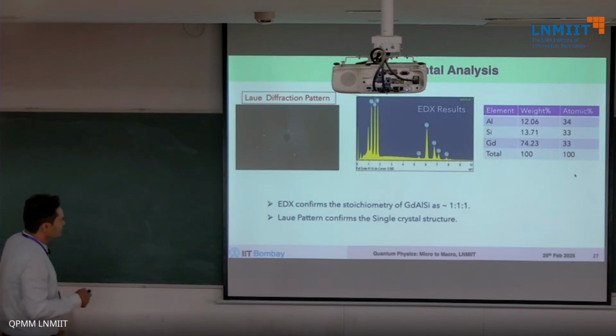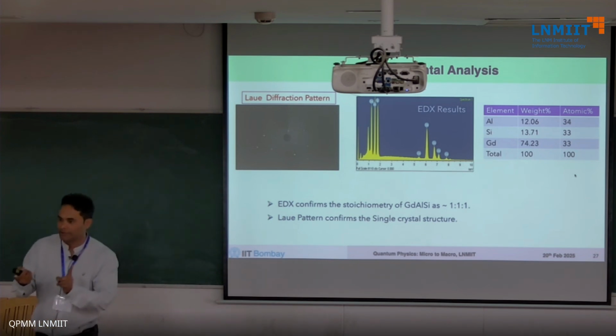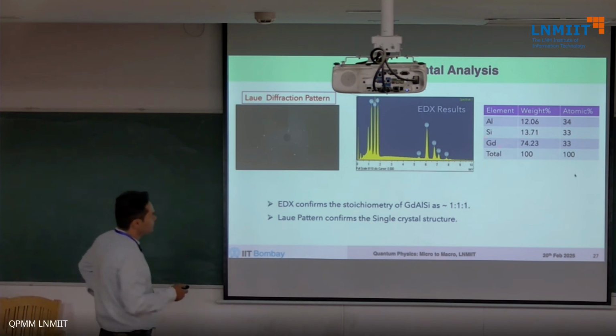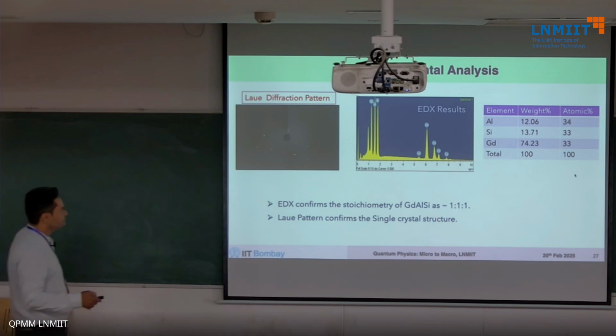In order to confirm that we indeed have a 1:1:1 ratio of this, because there may be off stoichiometry of gadolinium, aluminum, and silicon, they have done EDX measurements and Laue diffraction pattern, which basically shows that the individual ratio of gadolinium, aluminum, and silicon are almost 1:1:1.